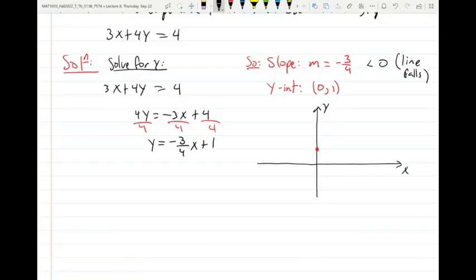So if you are at this point, which is (0, 1), what would be the new point? Who can tell me? I would go down 3, to the right 4. Good. So we go down 3, where do we stop? Negative 2. Negative 2, because we started at 1, so you do 1, 2, 3. Down to negative 2, and then 4 to the right. This is 0, so we go all the way to 4.